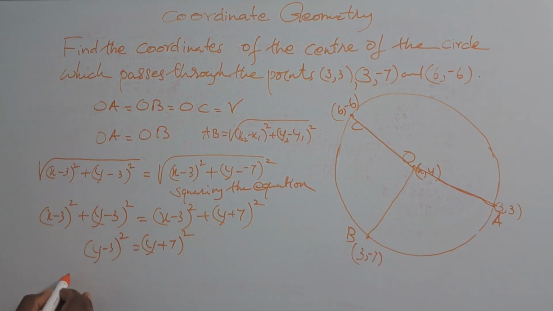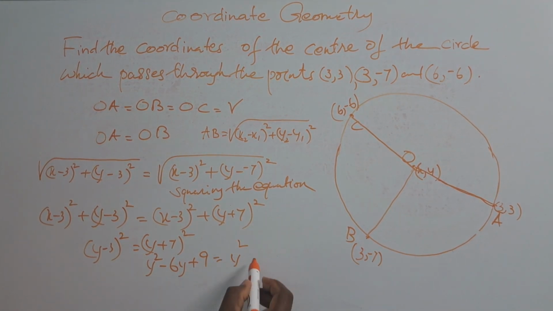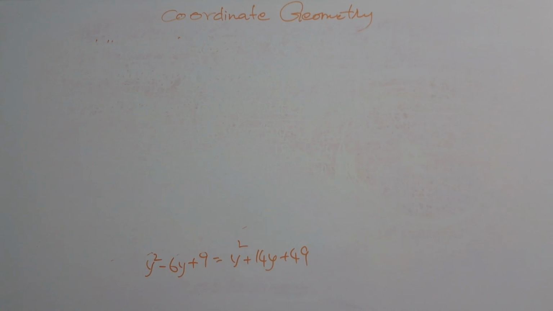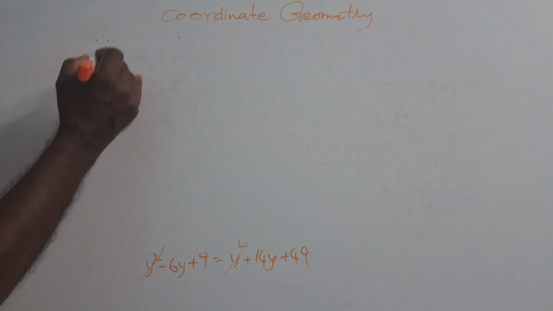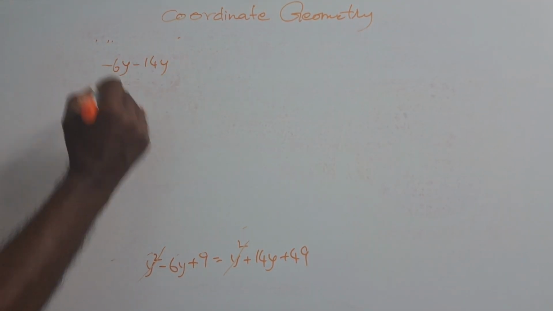Expanding the terms, you get y square minus 6y plus 9 is equal to y square plus 14y plus 49. Simplifying the equation, y square and y square on both sides get cancelled. We have minus 6y minus 14y.